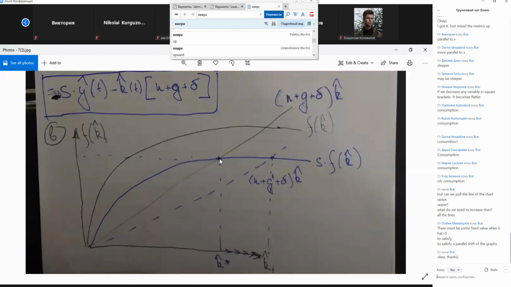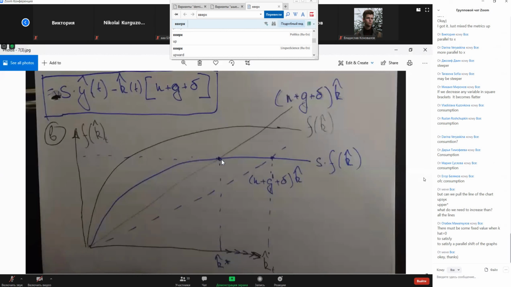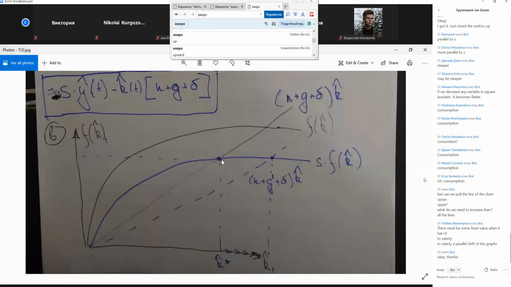We live better than our grandparents simply because we have more human capital. We have a higher level of technology. That's why our per capita income is increasing, because we know more things.